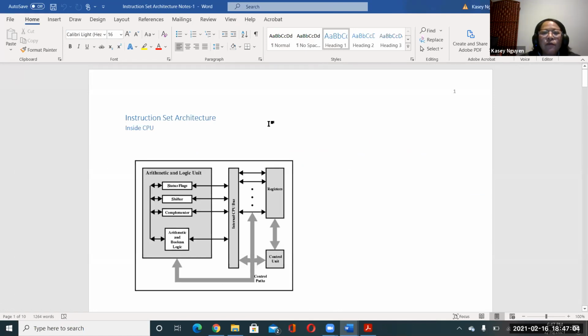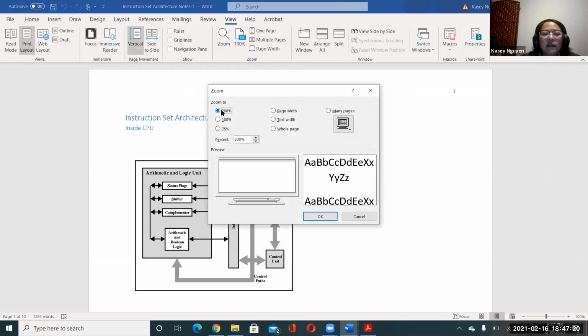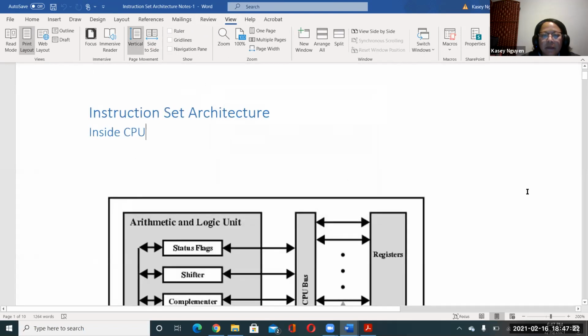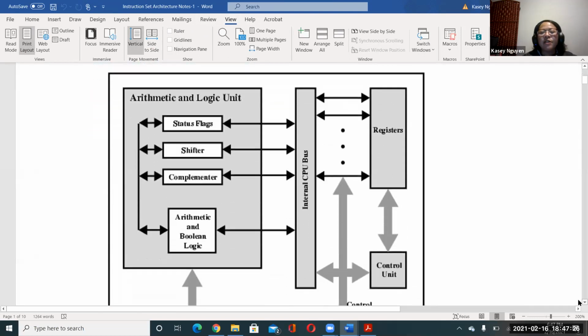So when we look at the processor and how conceptually it understands all of this, we would see that it would look something like this. Let me zoom in real quick. Okay. There are different units, and we will come back to this.